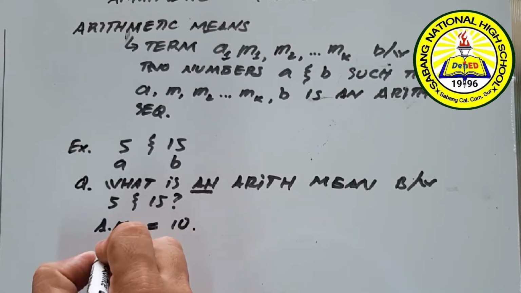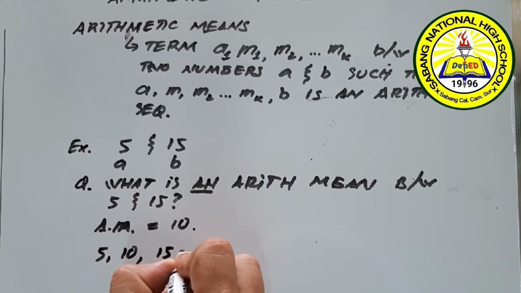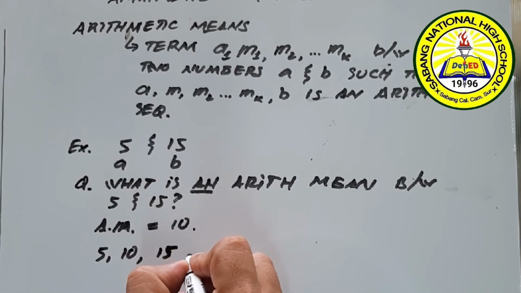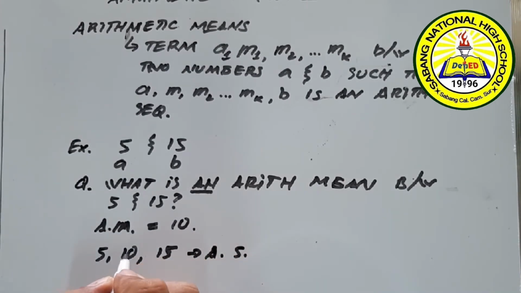So when we write 5, 10, and 15, we make an arithmetic sequence. An arithmetic sequence must have a common difference, a constant number. What is that common difference? The common difference between these two is 5. The common difference between these two is also 5. So we have generated an arithmetic sequence by inserting an arithmetic mean between two numbers.